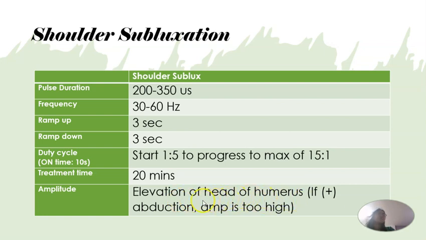If the amplitude is already high but the head of humerus still does not elevate, then probably there is something wrong with your electrode placement. So you really have to palpate and search for the muscle belly of the targeted muscle, where the electrode will be placed. Because the basic rheobase and chronaxie are at the motor point.